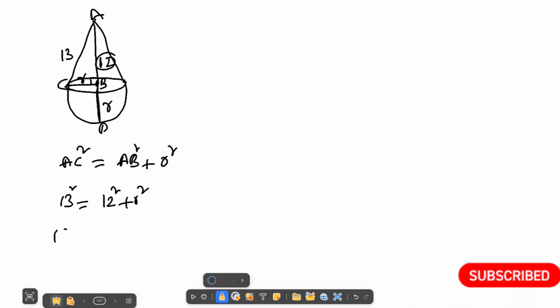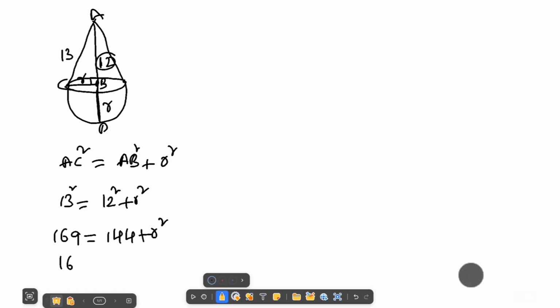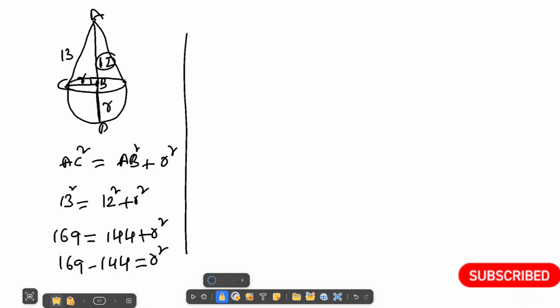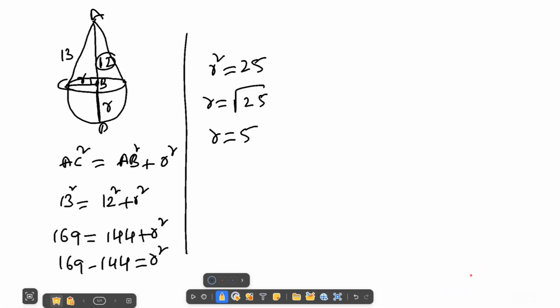So 13 square is 169 equals 12 square is 144 plus r square. If you bring 144 to the left side, r square equals 169 minus 144, which is 25. Square root of r square equals square root of 25. You will get r value 5.